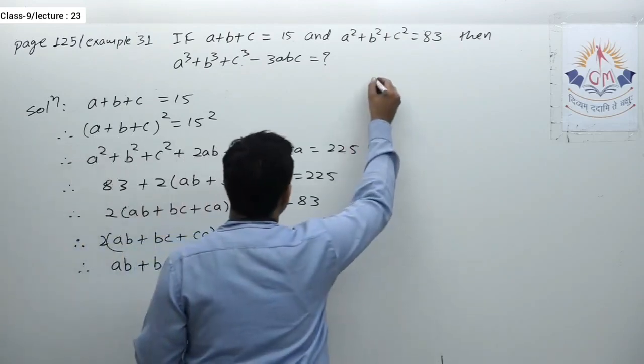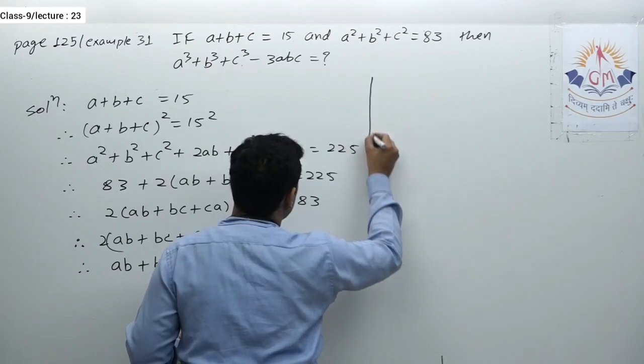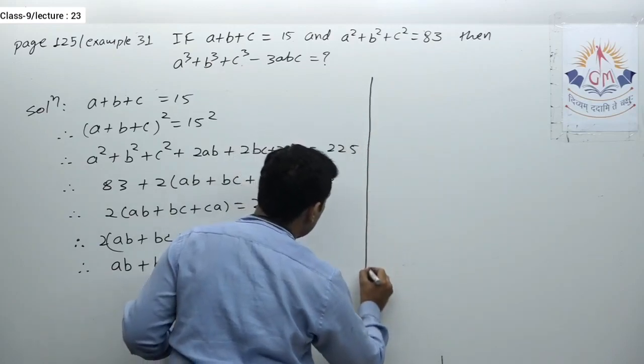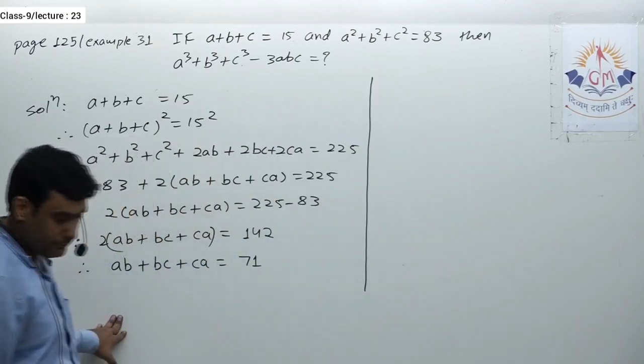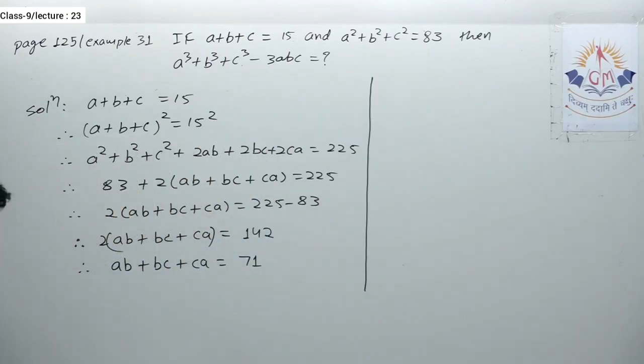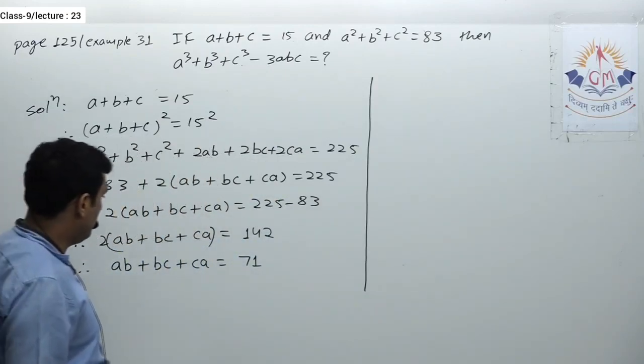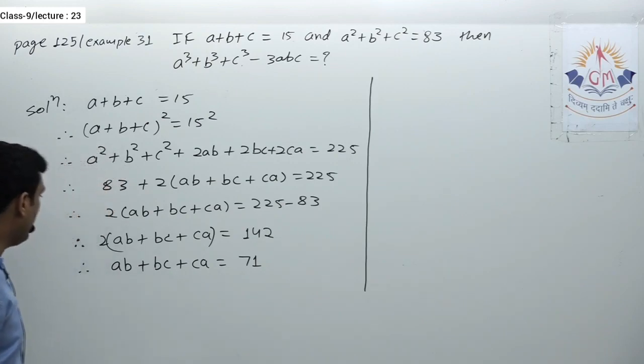Now I will use that identity, that is a cube plus b cube plus c cube, and over there I have to put these values to get the required answer. So try yourself, then I will give you the remaining solution.